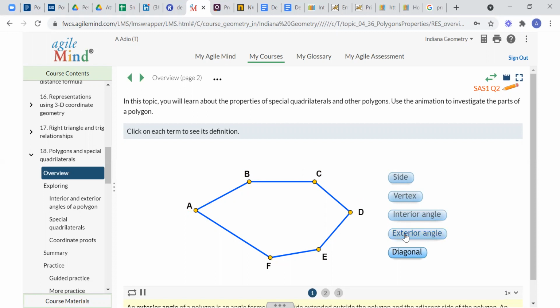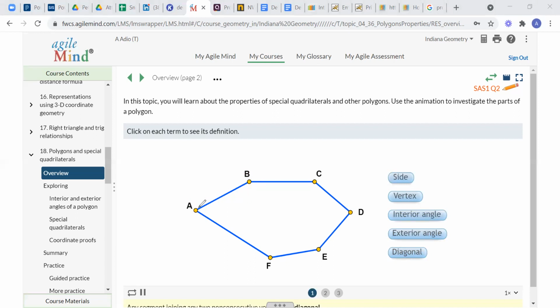And we know that the sum of interior and exterior angles adds up to what? 180. The diagonals mostly are when you join 2 vertices together, 2 vertices that are not next to each other. Like in this case, since A and B are next to each other, they cannot be called diagonals, okay?